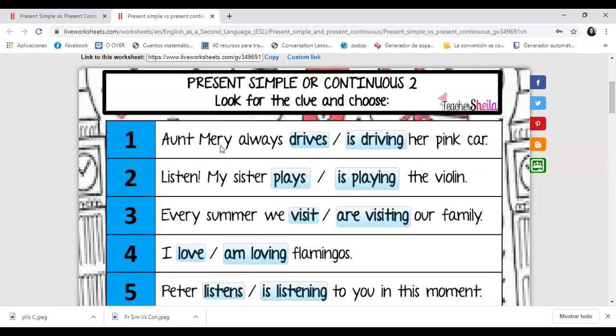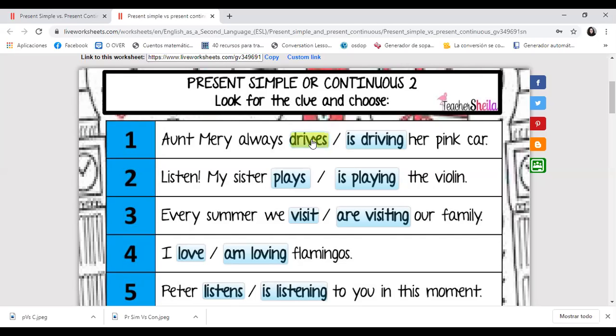Aunt Mary always drives or is driving her pink car. Remember that we are talking about what here? About a habit, or about something that she's doing now? Of course, we have always, so we have to choose present simple.